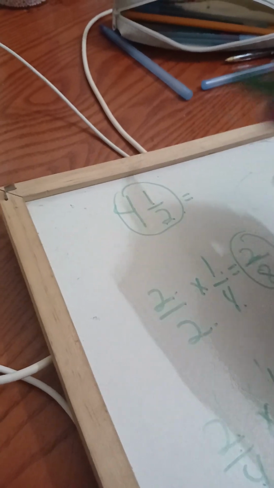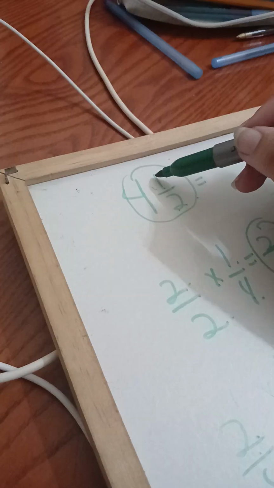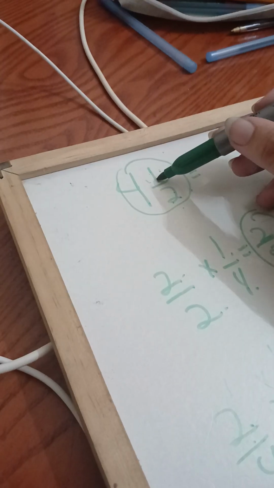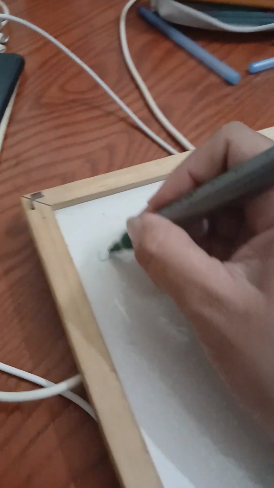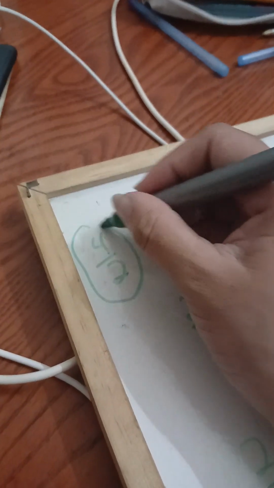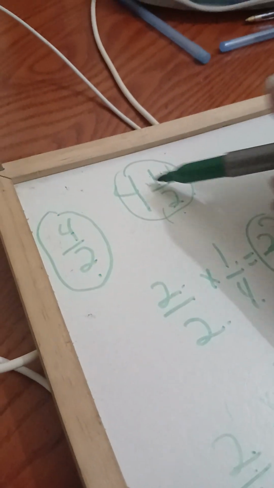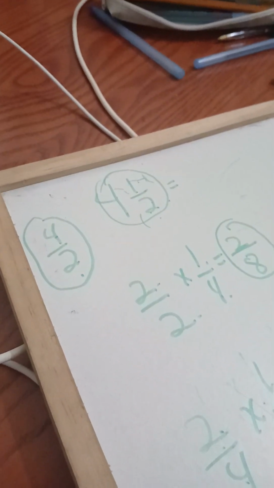An improper fraction is when the numerator is bigger than the denominator, like for example 4 here and 2 here. This is called an improper fraction. So we have to convert this into an improper fraction.